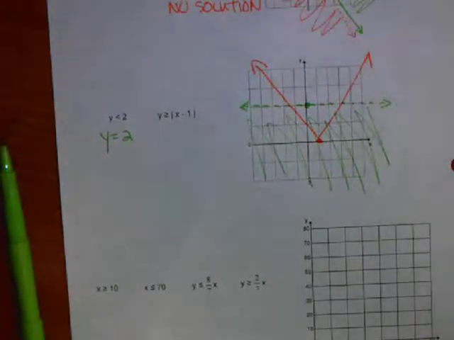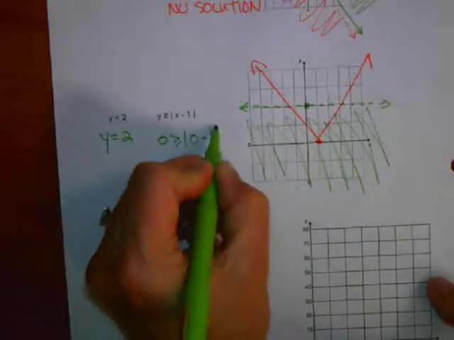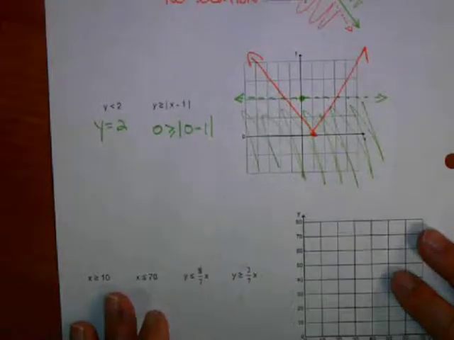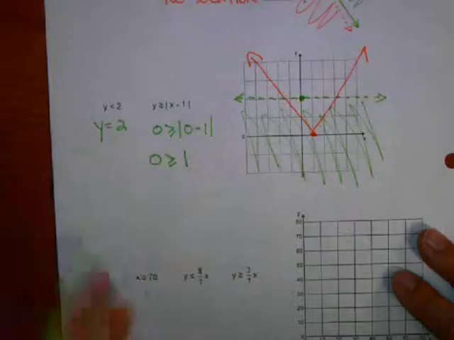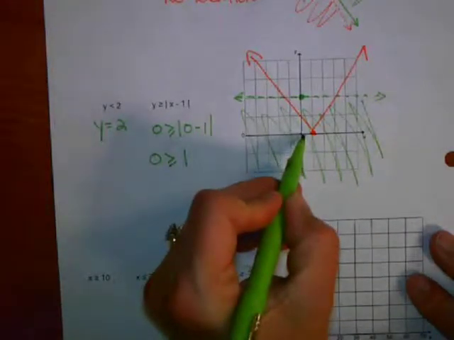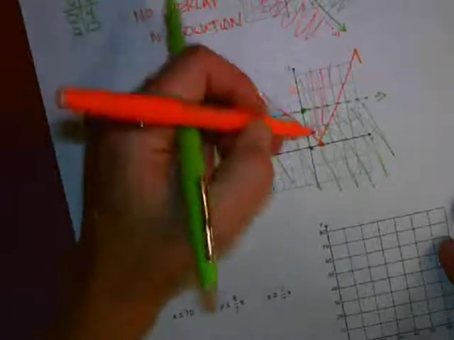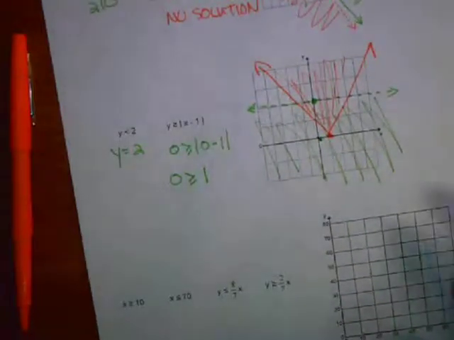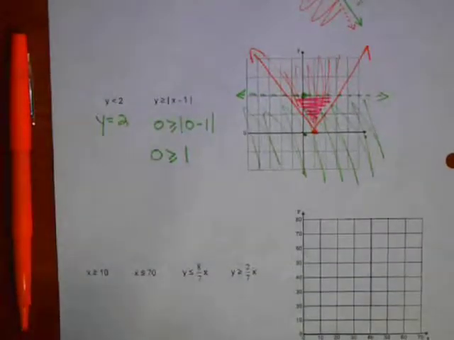It's greater. But if you're not sure, let's just test with 0, 0. Does it make a true statement? This becomes -1 and the absolute value is 1. Is that a true statement? No. So 0, 0 is not part of the solution. So we would shade above, and if you do the whole thing, that's fine. And then I would just see that right here is your solution set, where it overlaps.